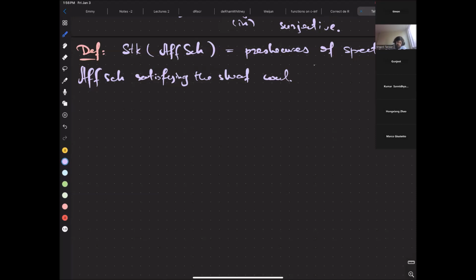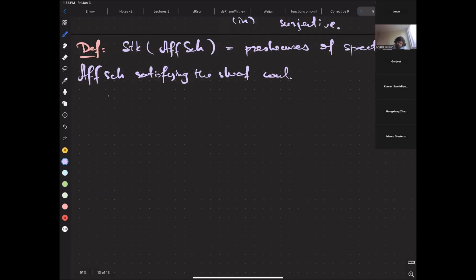In any case, the idea is that we take some sort of sheaf category of homotopical nature on the site of affine schemes. So in particular, as we've seen before with all these moduli stacks, you just need sheaves of groupoids, so it's sufficient to consider sheaves of anima, for example.